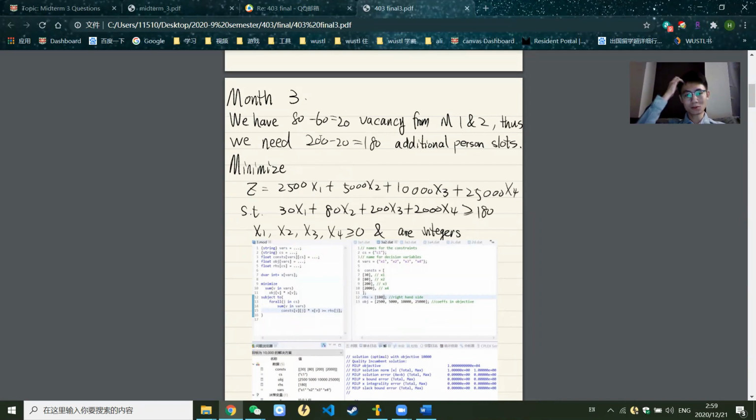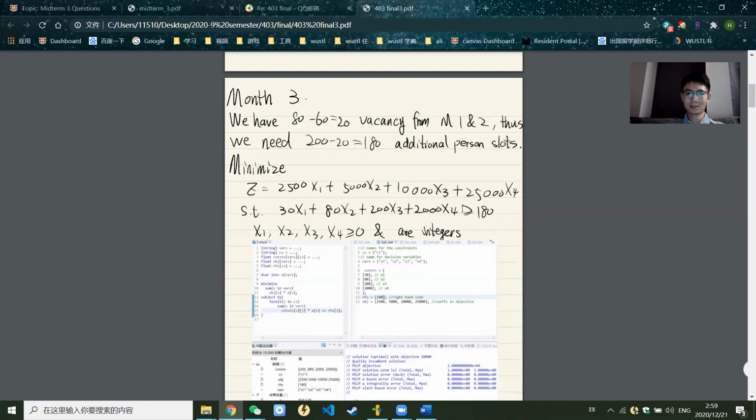So originally we need 200 users, so we need 200 slots, but here we have 20 vacancies, so we only need 180 now. And we are not limited by the budget from now on, so we are only constrained by the user needs.